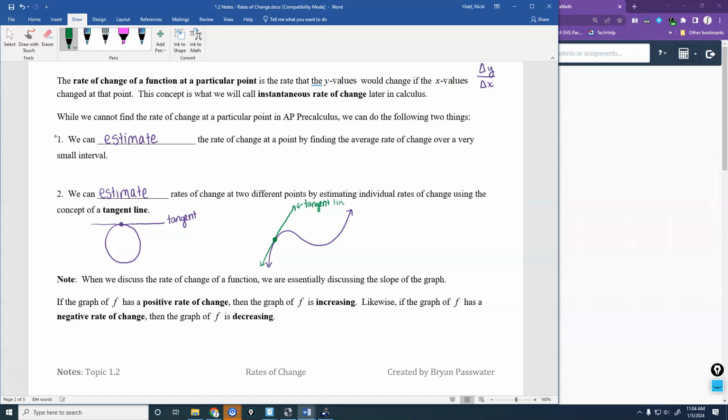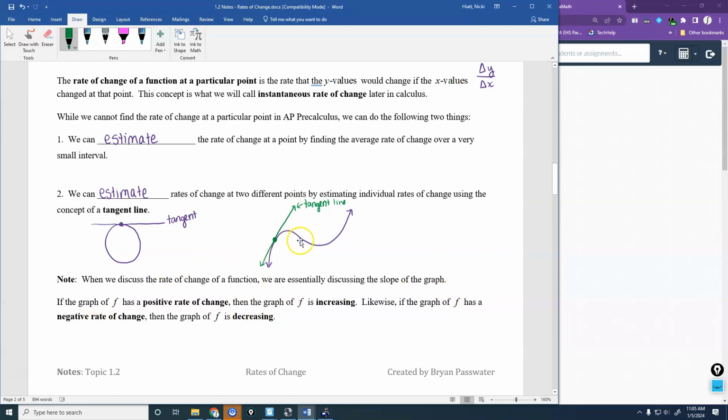And it's actually one of the biggest ideas in calculus. All derivatives, which is 3 of the 8 units in calculus, deal with this idea right here. So certainly we're just thinking about the idea briefly here. We're not going to go into all of it. But if f has a positive rate of change, if that tangent line would have a positive slope, the graph will be increasing.